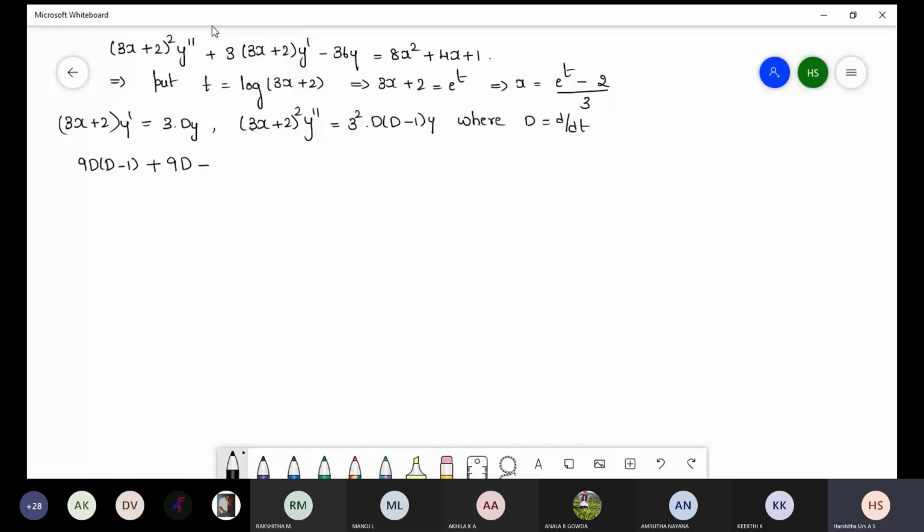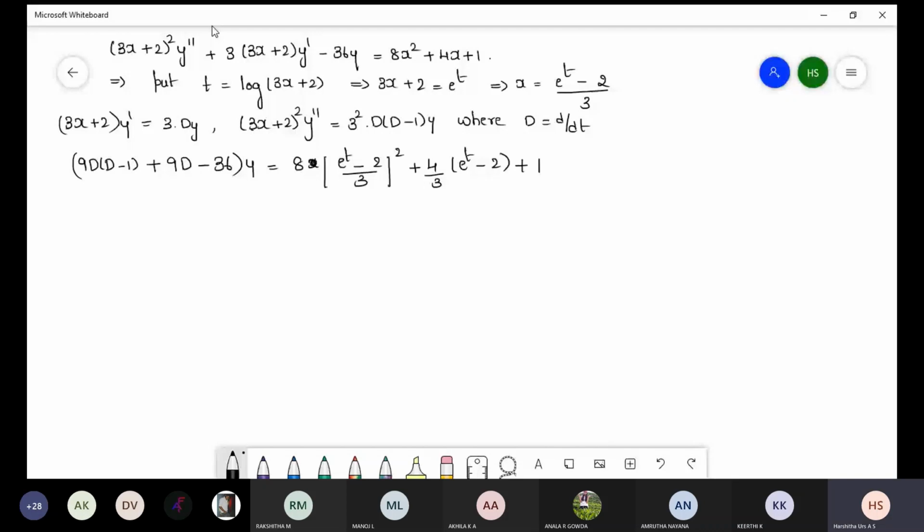9D − 36 into y is equal to, here in the place of x I will write ((e^t − 2)/3)² + (4/3)(e^t − 2) + 1.